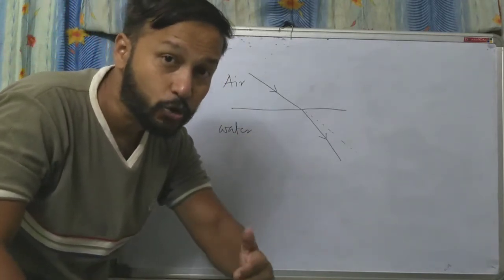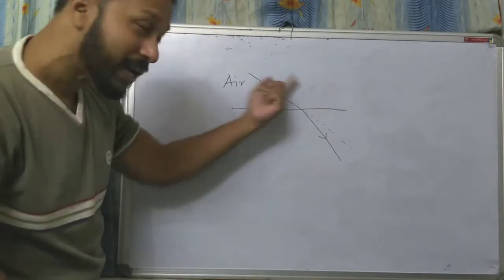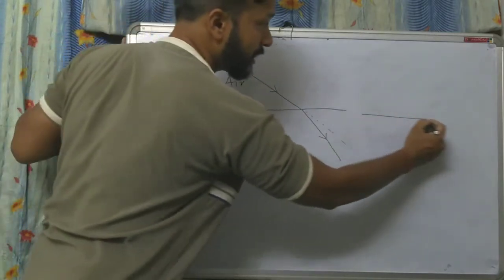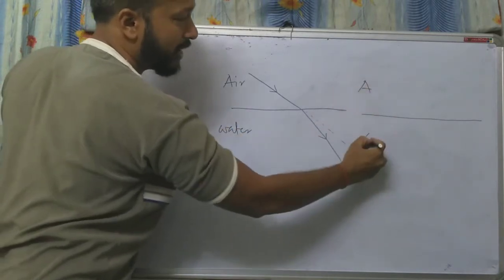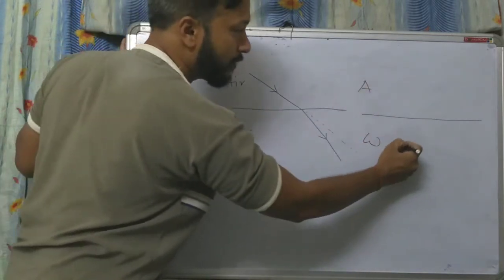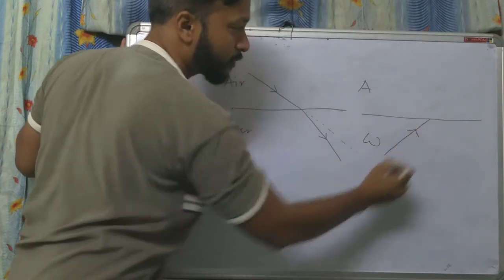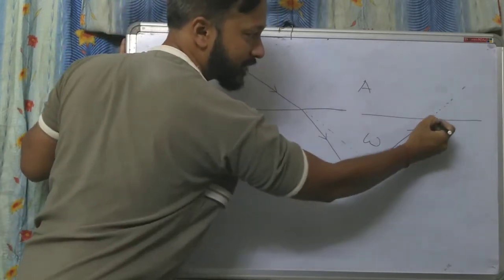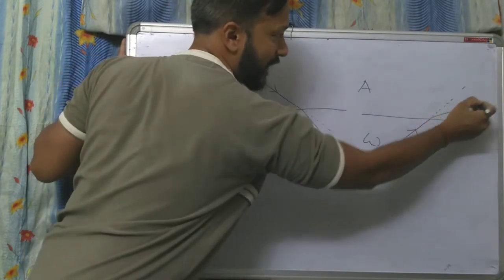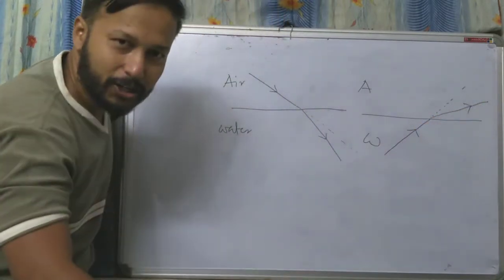Now if light is going from water to air, say this is water, this is air. Again air, water. Now light is going from water to air. So it is supposed to go straight. But you will notice that it's going like this. Understood?